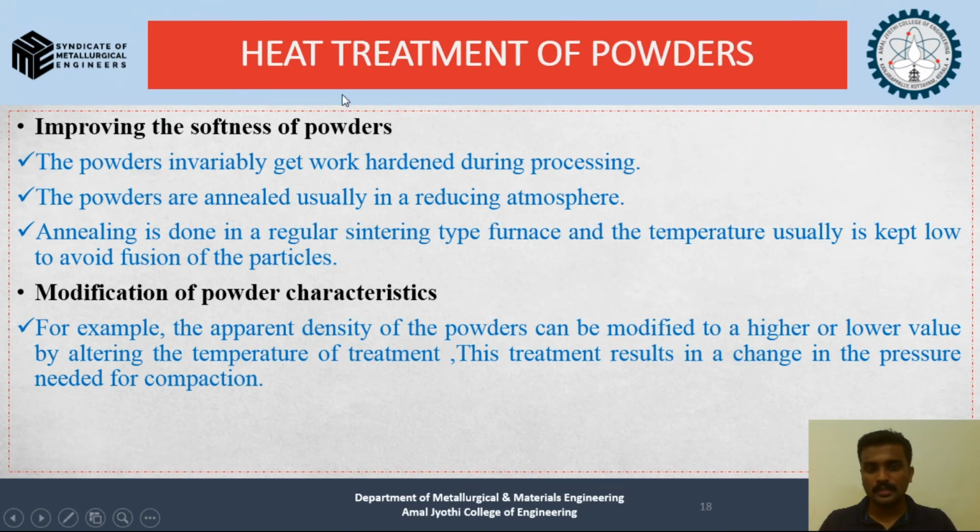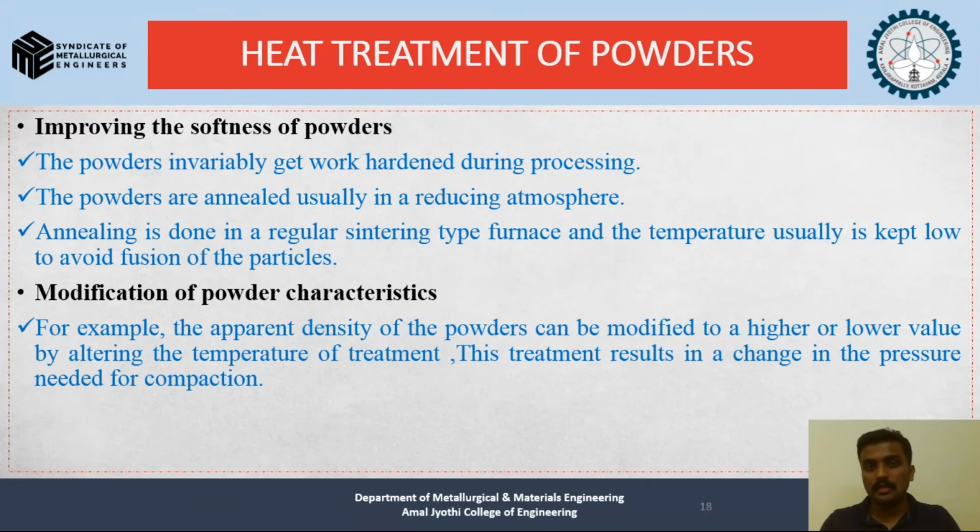There is another objective of heat treatment of powders: improving the softness of the powder as well as modification of the powder characteristics. Powders invariably get work hardened during the processes, so we have to make sure the powders are annealed, usually in a reducing atmosphere. This annealing is done in regular sintering-type furnaces, and the temperature is usually kept low to avoid fusion of the particles.